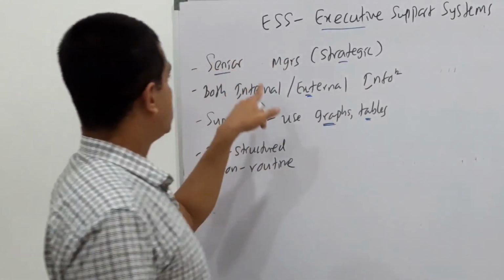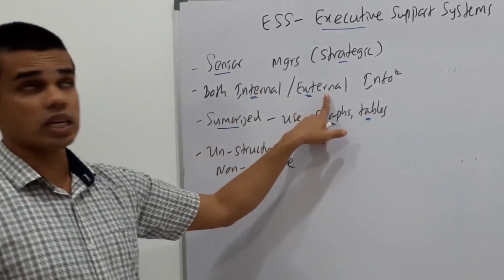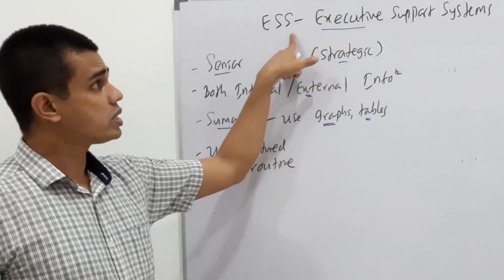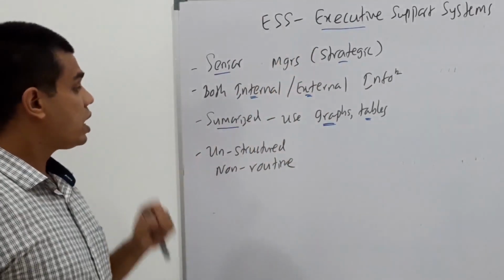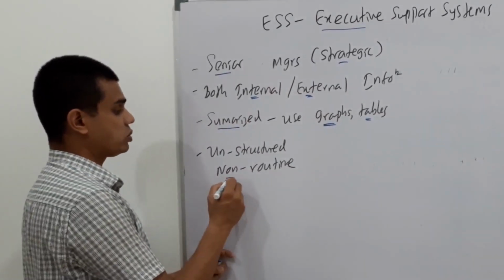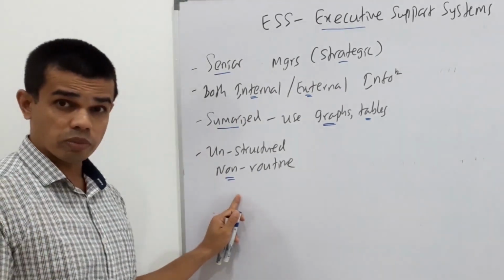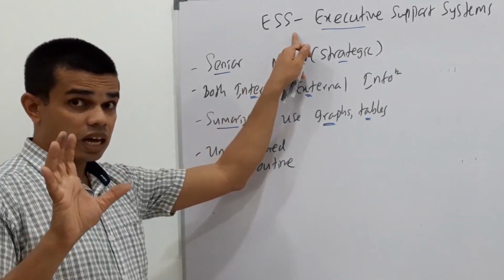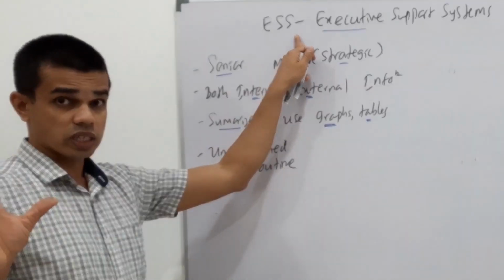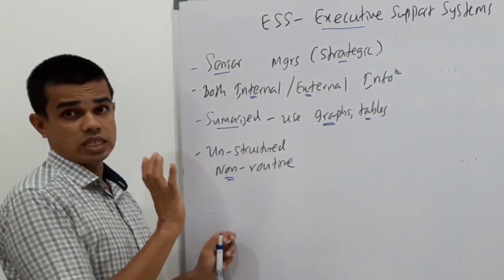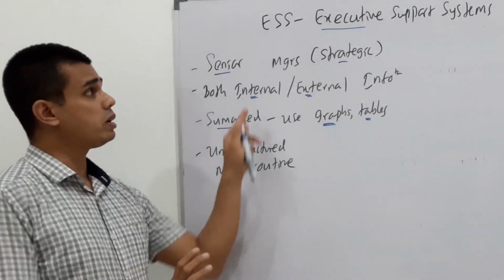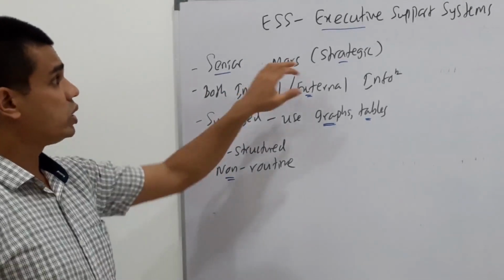So both internal as well as external information are handled by the executive support systems. And they are completely non-routine. So their decisions are not the same in all cases. They are changing from time to time. So the ESS are ready to provide information for non-routine decisions made by the senior management or the strategic management of the organization.